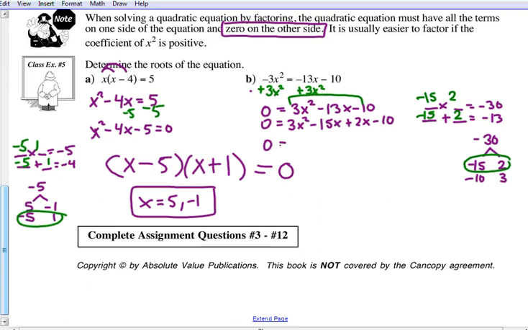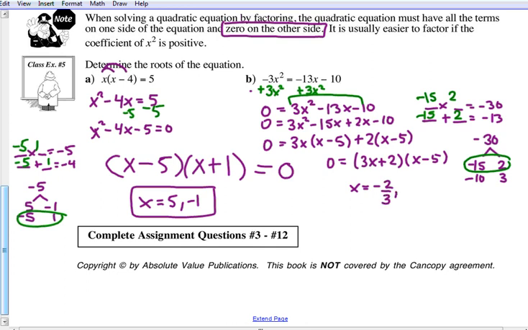What can we factor out of the first two? 3x, and we're going to be left with x minus, what's 15x divided by 3x? 5. What can we factor out here? 2. X minus 5. Okay, so our solutions, x would have to be equal to opposite sign, so negative 2 over 3 and positive 5.